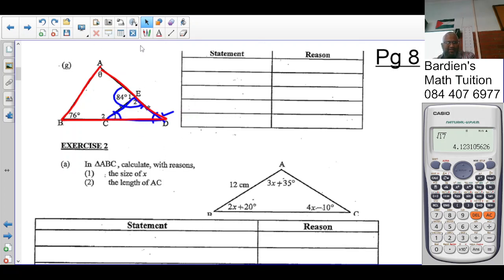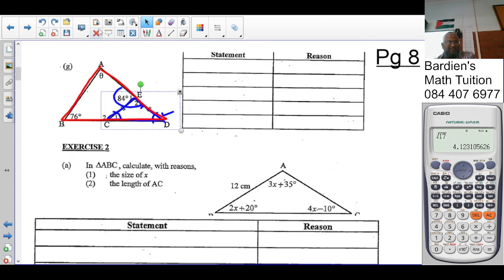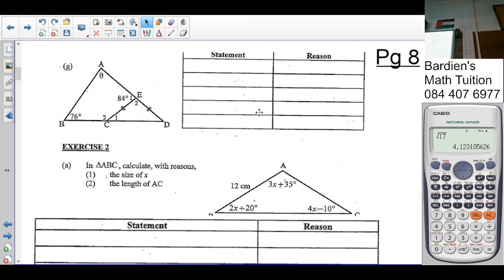Okay, so let's look at this question here quickly. I've explained here basically how to calculate this. What do we say? We said that angle D is equal to angle C1.